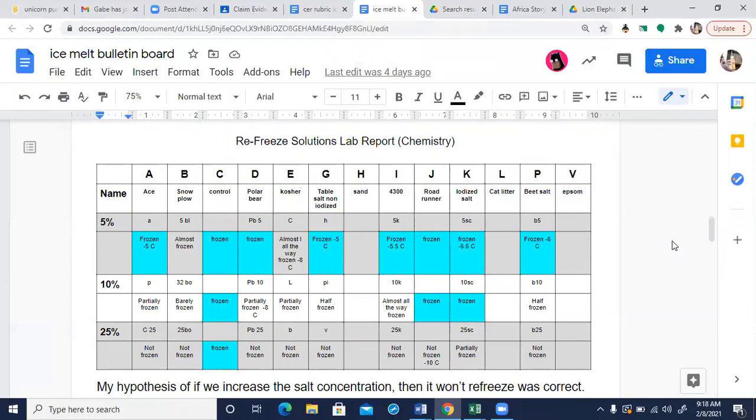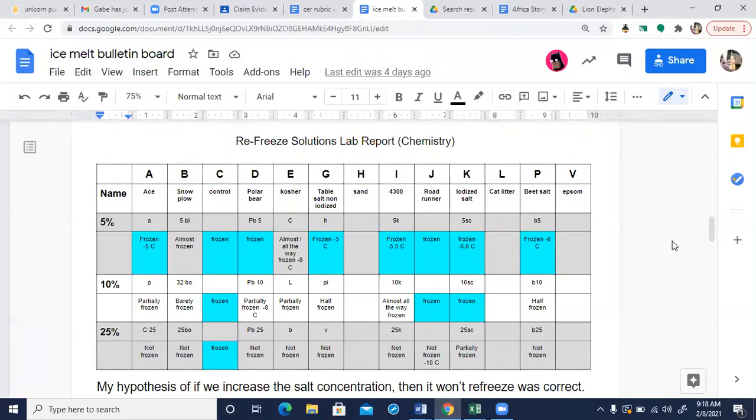Ones that did freeze were... it looks like on the refreeze, iodized didn't freeze, which is Roadrunner, Polar Bear, kosher, non-iodized. Nah, those all froze.